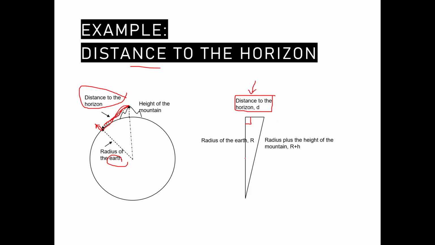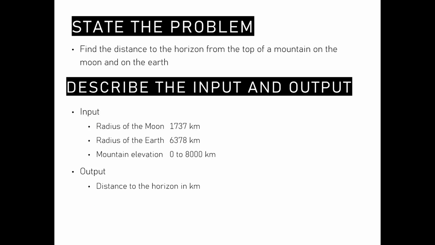This is the radius of the earth from here until here, the radius of the earth, and this one here is radius plus the height of the mountain. So okay, the problem, as I told earlier, find the distance to the horizon from the top of a mountain, on the moon, and on the earth.